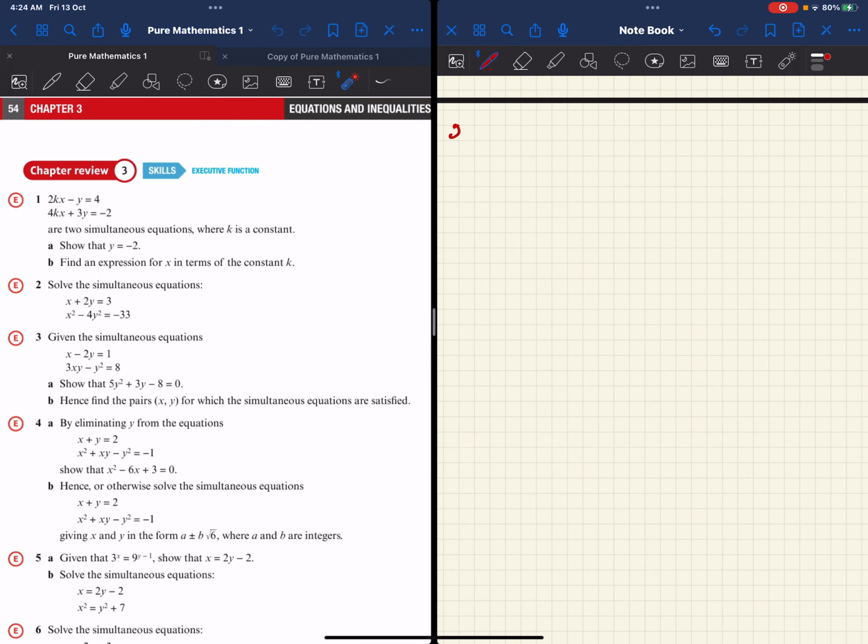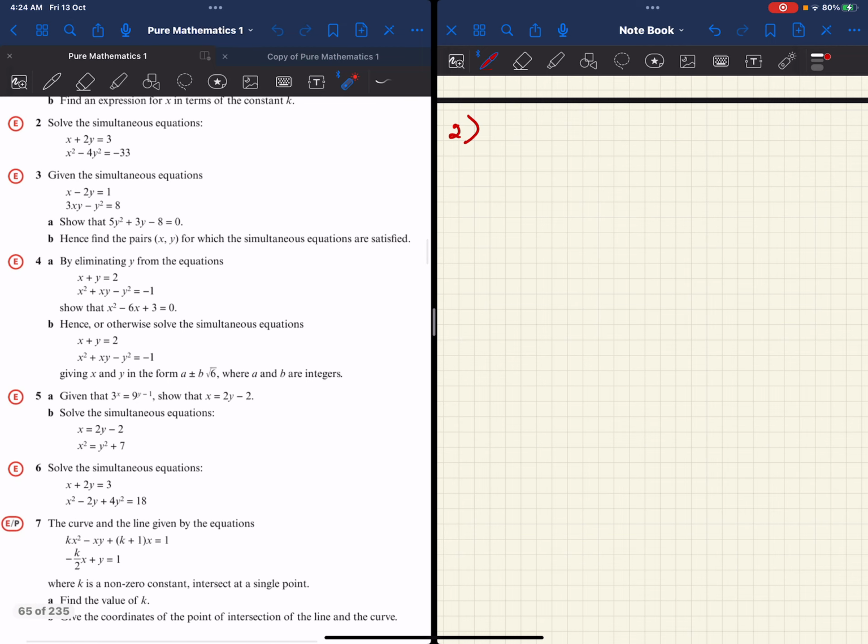In question number 2, we have to solve the simultaneous equations. So we have the first equation, x plus 2y is equal to 3, and the second equation is x squared minus 4y squared is equal to minus 33.